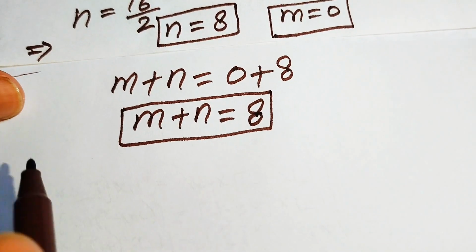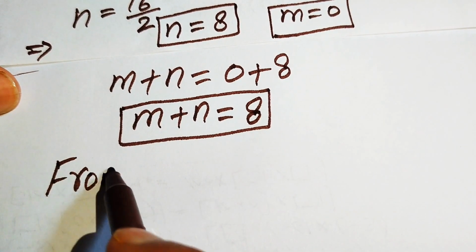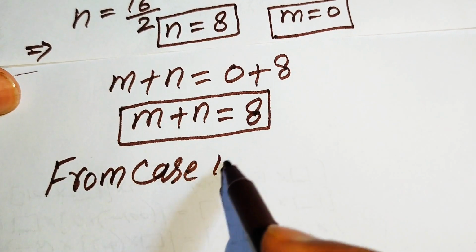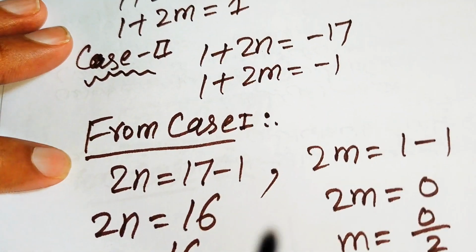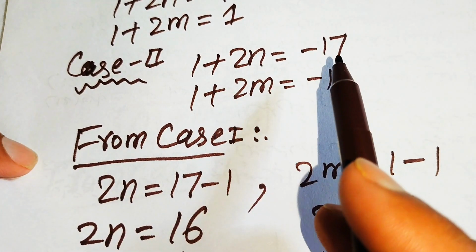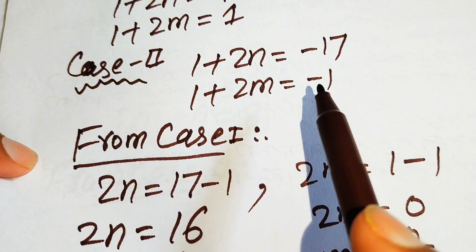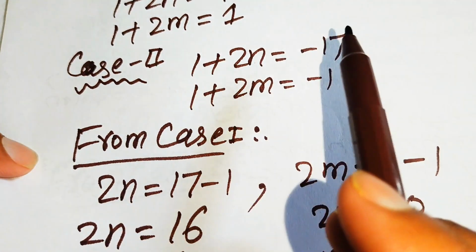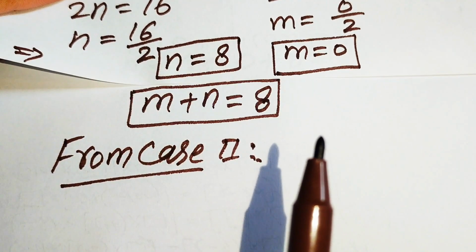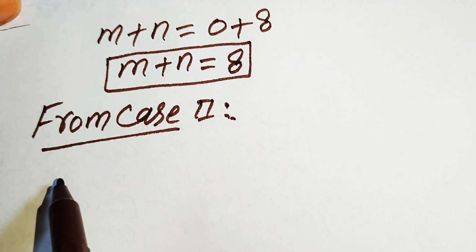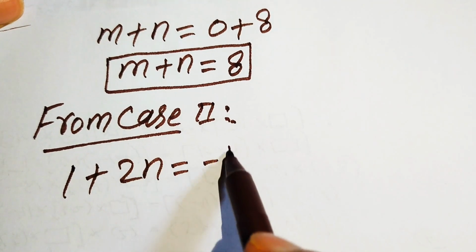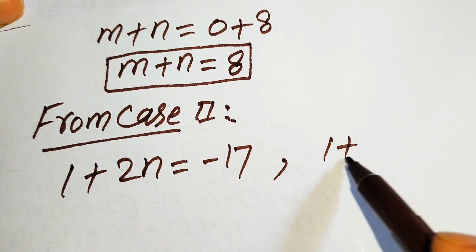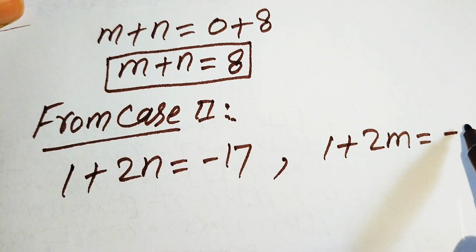Similarly, we will focus on case number 2. In the second case, this is our case number 2: 1 plus 2n equals minus 17 and 1 plus 2m equals minus 1.